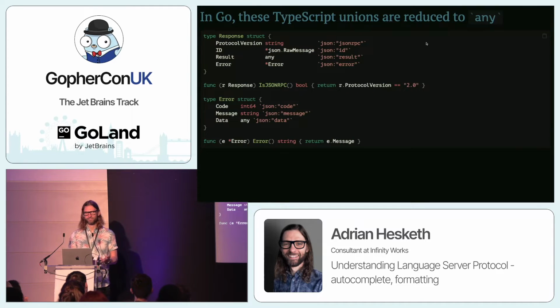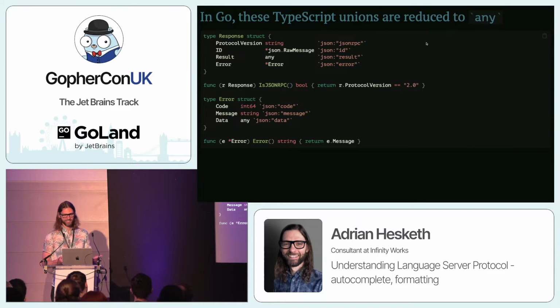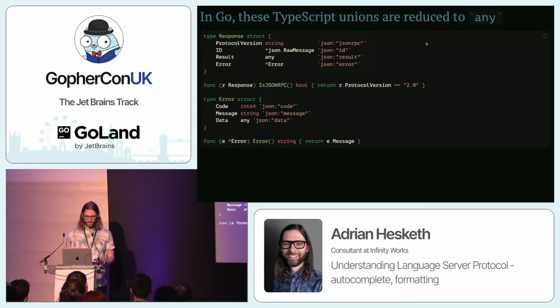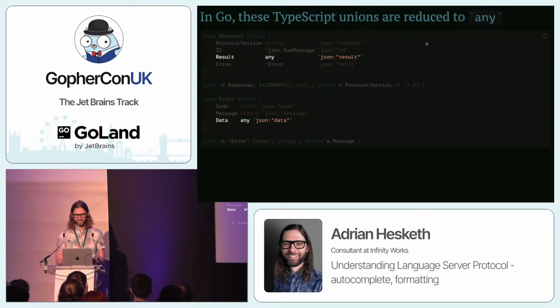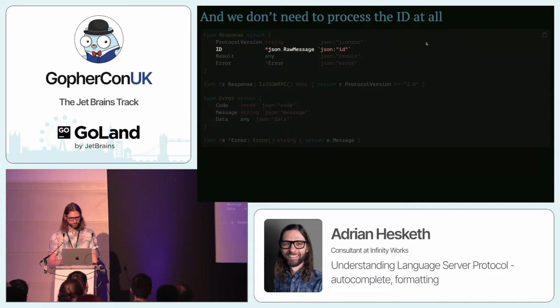If you look at the JSON Marshal interface, it takes an any value. So what we've got there is just an any. We don't really mind. We're just serializing the results back, so we can be quite abstract in what we're doing here. As I said earlier, we don't need to process the incoming ID. We just need to make sure we always use the same ID. So it doesn't really matter that it could be a string or an integer or a null, as long as we put the same value back.